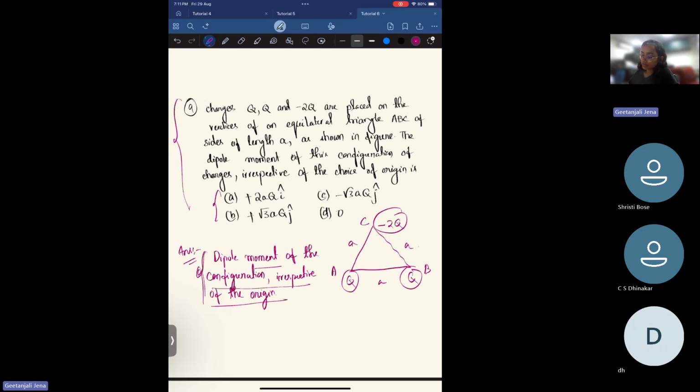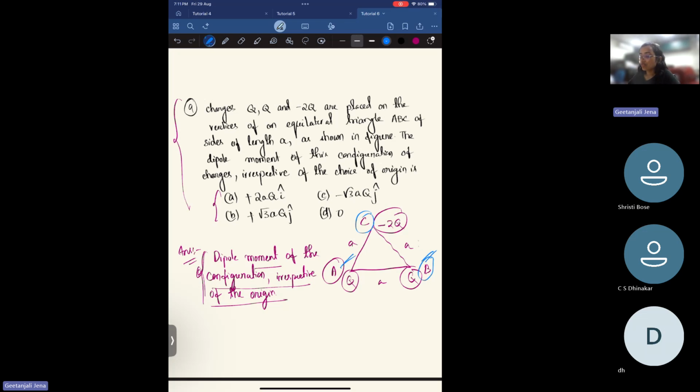So if you recall the lecture, whenever the total charge of the system is zero, that is the monopole moment is zero, then the dipole moment doesn't depend on the origin that you are taking. So you can take the A point as the origin, or you can take B as the origin, or you can take C point as the origin. Whichever origin you take, you will get the same answer.